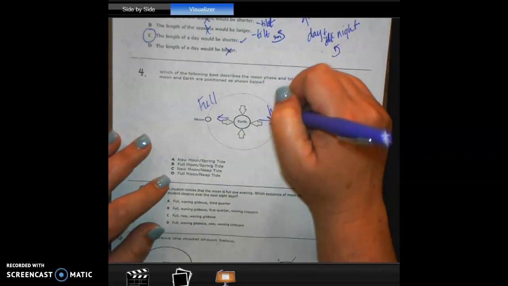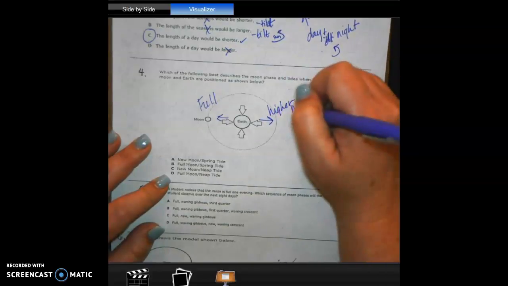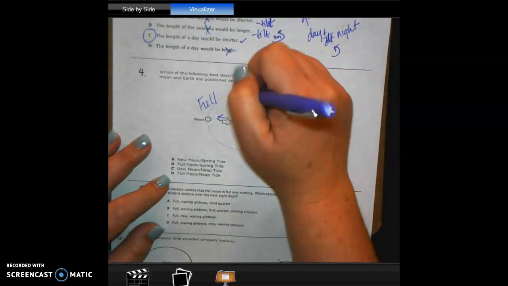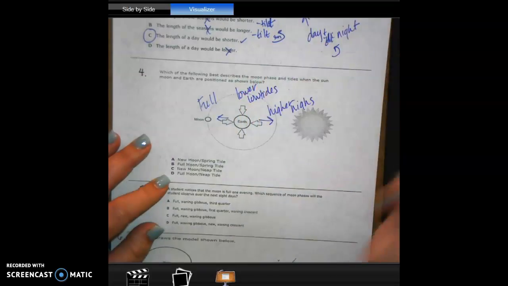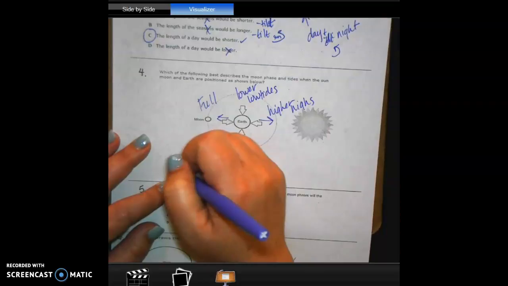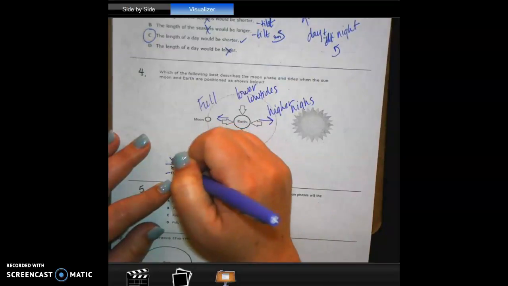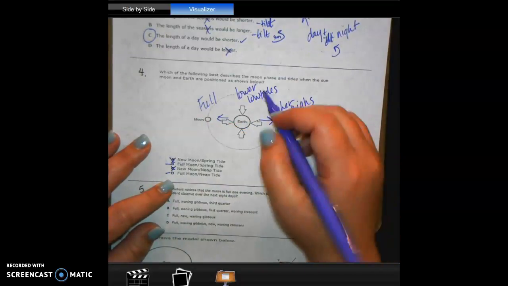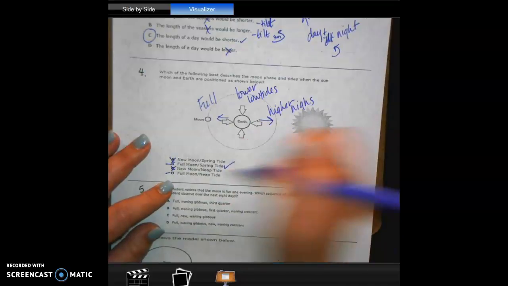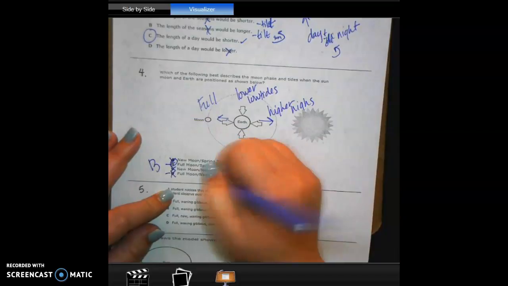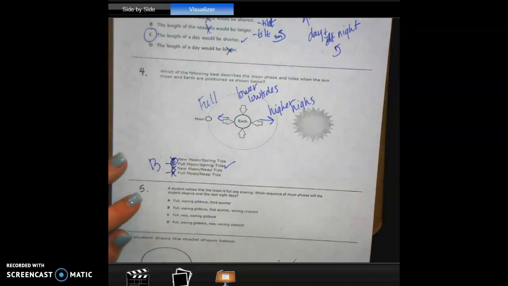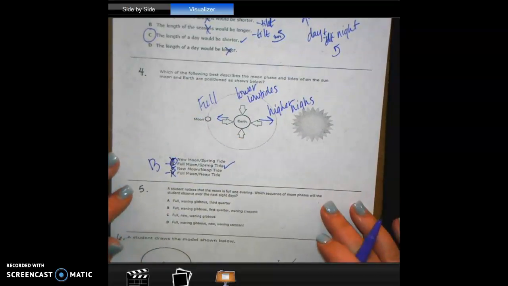So we're going to have high tides and low tides. So it's a full moon, so it's either B or D. We can get rid of A and C. And we know that the higher highs and higher lows are your spring tides, so B is going to be our answer. Our neap tides are your weaker tides, and they occur during the first and third quarter moons.